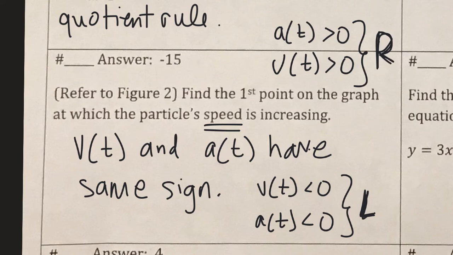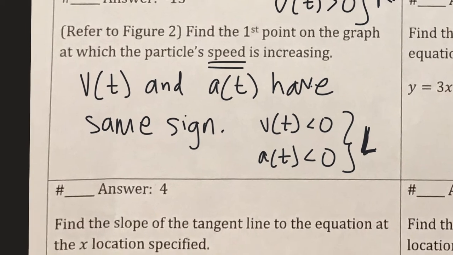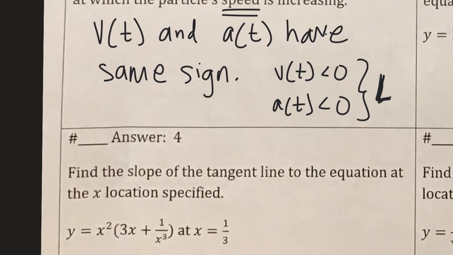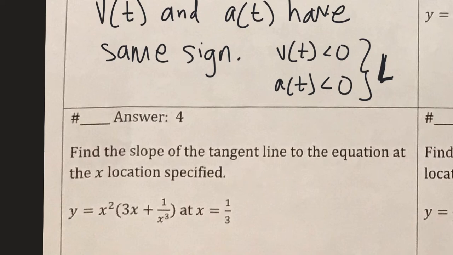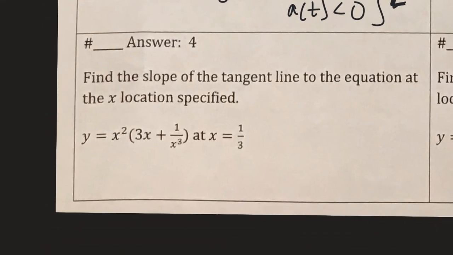And of course, if they're opposites, then you are slowing down, right? Your speed is decreasing to the left, or your speed is decreasing to the right. So find the first point when you have the same sign, when the slope and the velocity are both positive or are both negative.